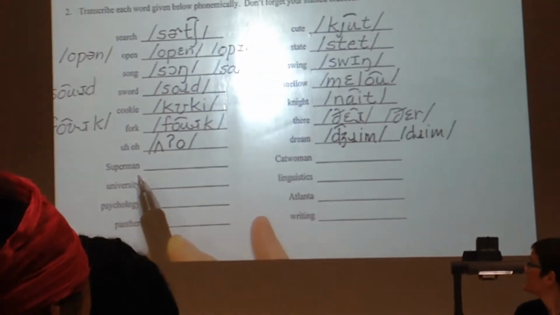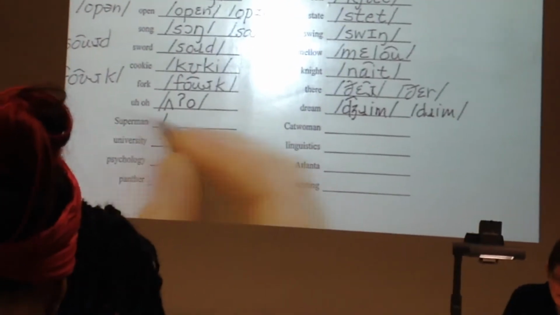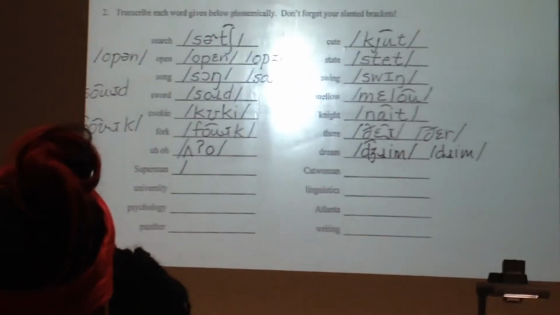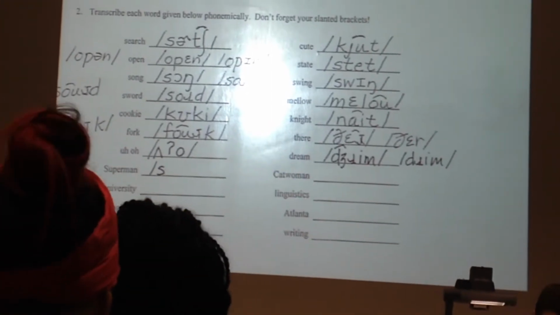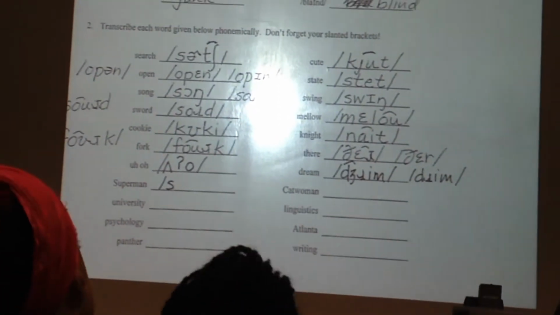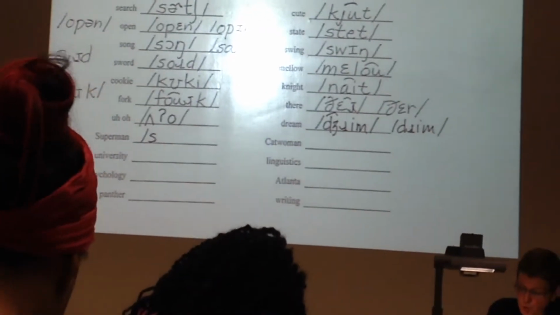All right. Superman. So, okay, what's that? That's a voiceless alveolar fricative, okay? All right. And then the next one, ooh, sue.